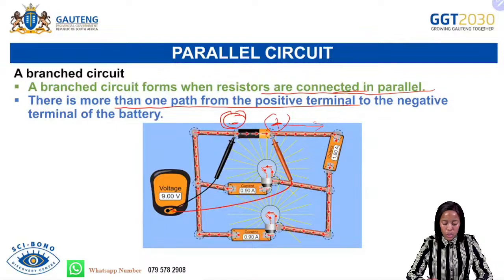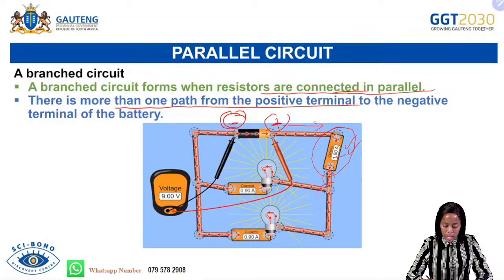Okay, so with the series circuit, we said there's only one path. But with the parallel circuit, there is more than one path. So if this is the current, the red lines, it's passing through the ammeter, and then passing through the other part of the wire.